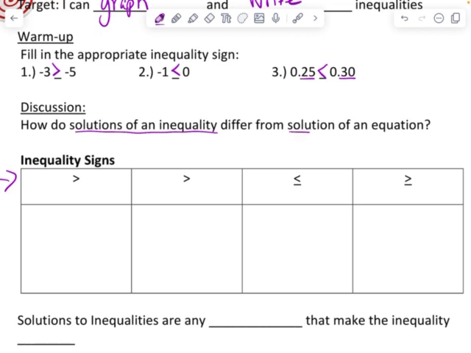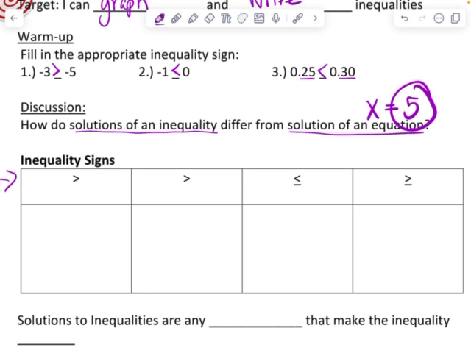So let's think about how do solutions of inequalities differ from a solution of an equation. So we will see where we get some solutions to inequalities here in the future, but when we have a solution for an equation, we have that x is equal to some number. Let's say it's 5.